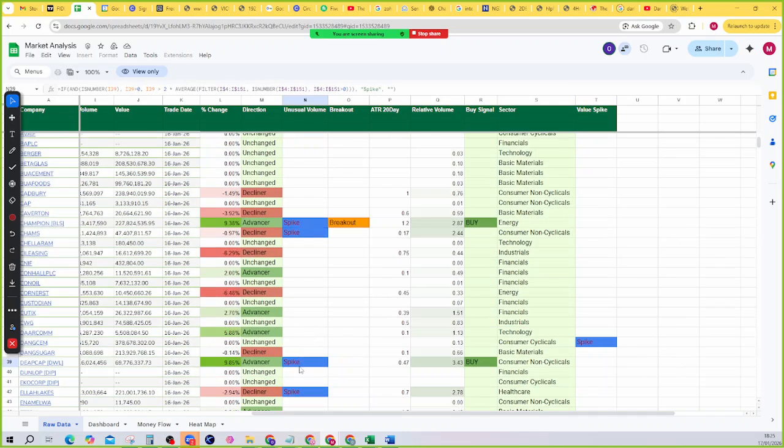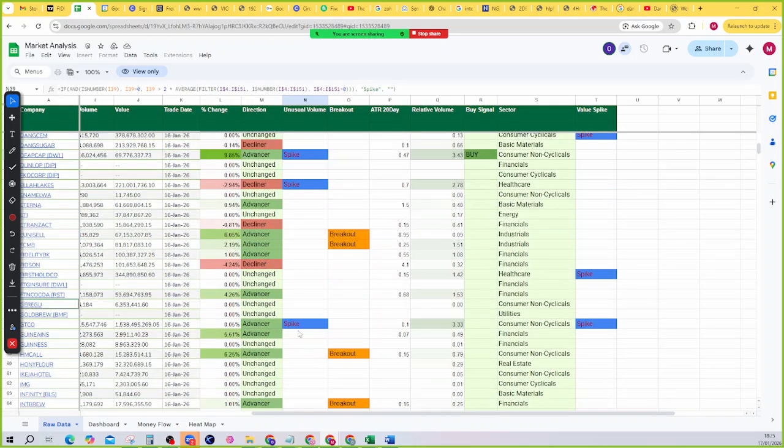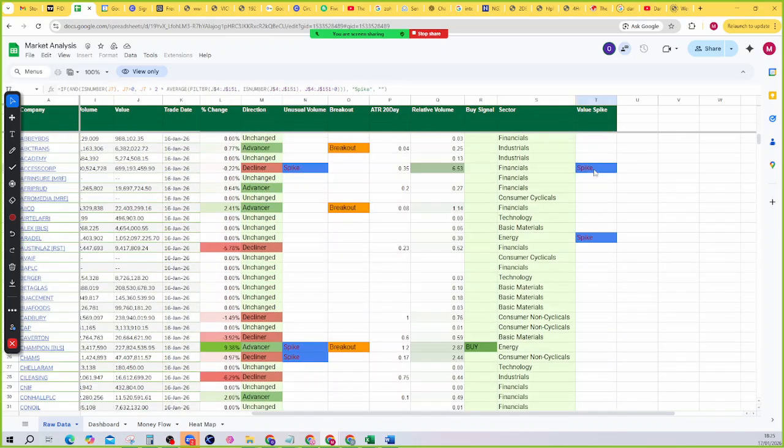Anyone that is 2% above, it will list here. So here too, I've calculated anyone that is 2% above in value. I'll calculate the total market value for that day that was traded. That's the turnover for the day. Then I will now compare it with the value in that particular stock.